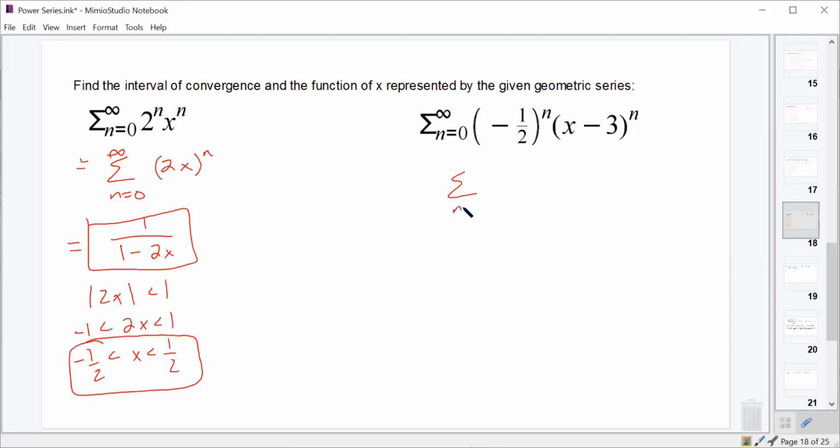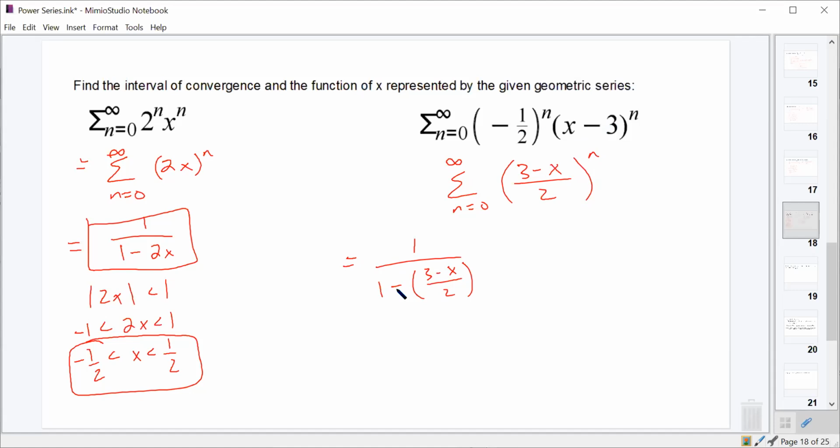This would have to be rewritten as the sum from n equals 0 to infinity of, if we throw a -1/2 in there, that would become 3 minus x over 2 to the n. And so now we can clearly see the common ratio between each term of this one. And we should be able to say that this should then equal the first term, 1 over 1 minus (3 minus x over 2).